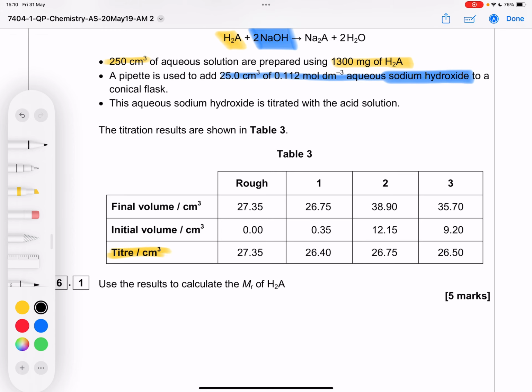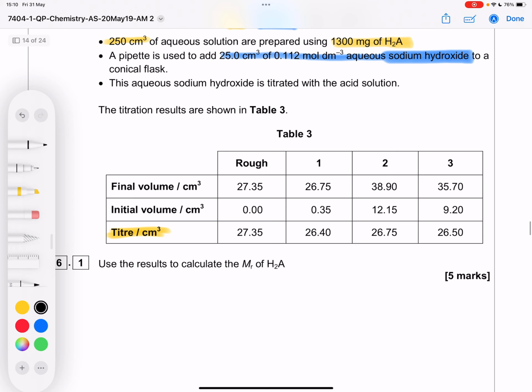So the first thing we're going to need to do is, using the practical, find the mean titre. My hint is always go to the last one, because you continue titrating until you reach concordant results. So we're looking for the titre that is closest to that 26.50 and is concordant with it, so within 0.1.